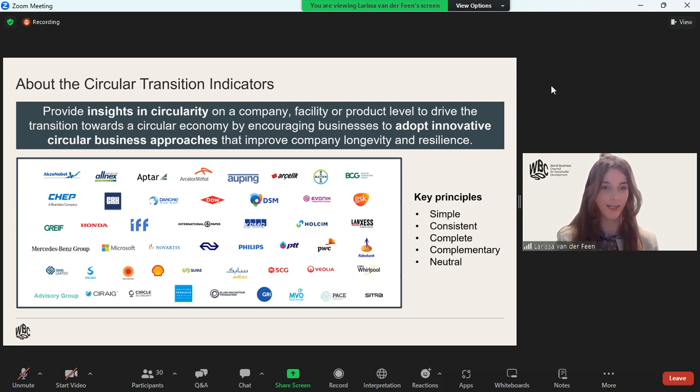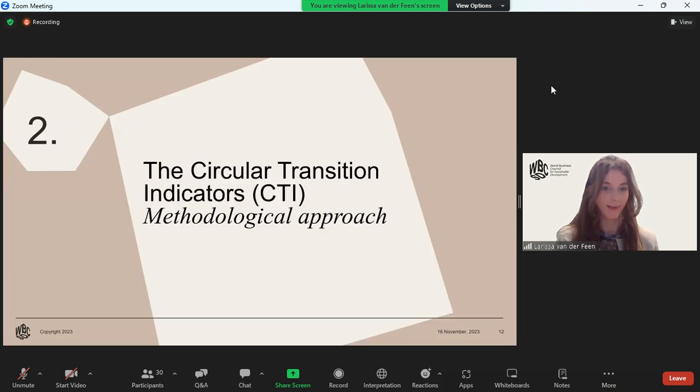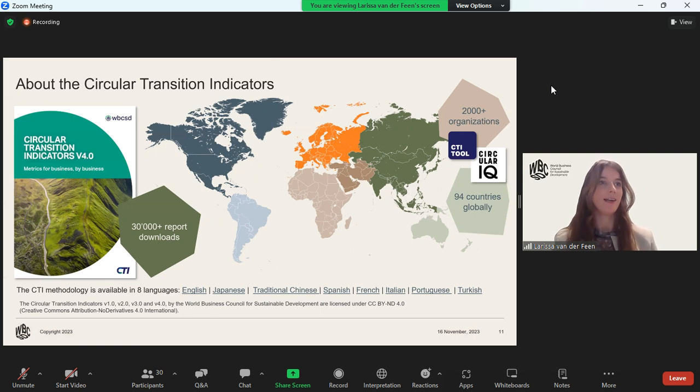And what we see today in CTI is that it's one of the biggest circularity methodologies out there for business. The report has over 30,000 downloads. You can download it for free on the WBCSD website and look at the indicators yourself.